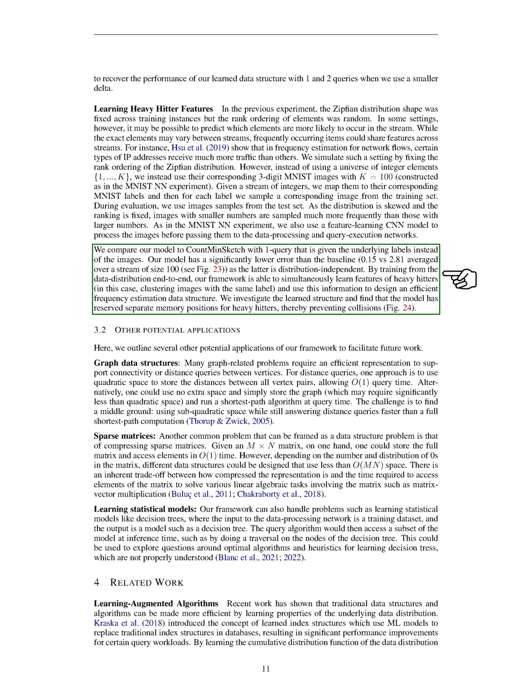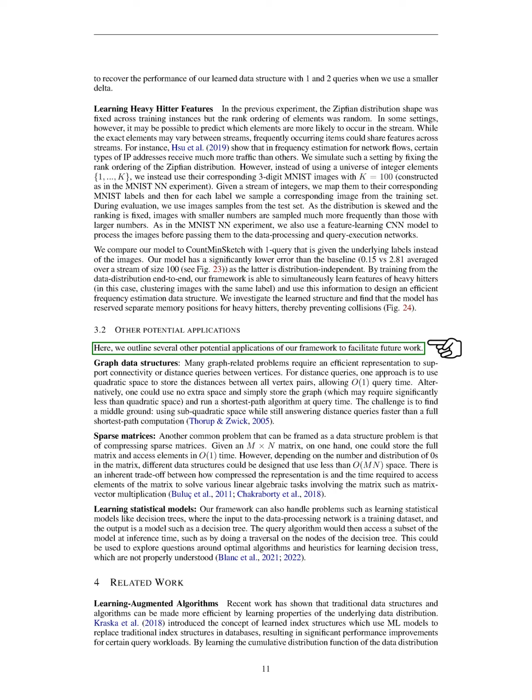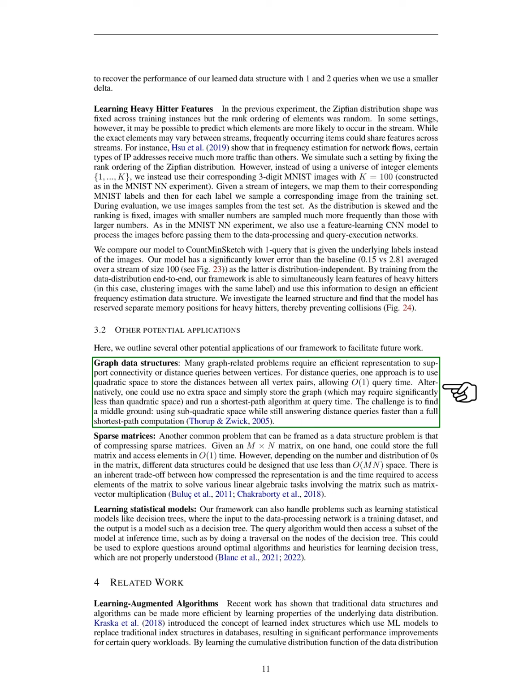Section: Other potential applications. In this section, we outline several other potential applications of our framework to support future research. First, we consider graph data structures. Many graph-related issues need efficient representations to handle connectivity or distance queries between vertices.